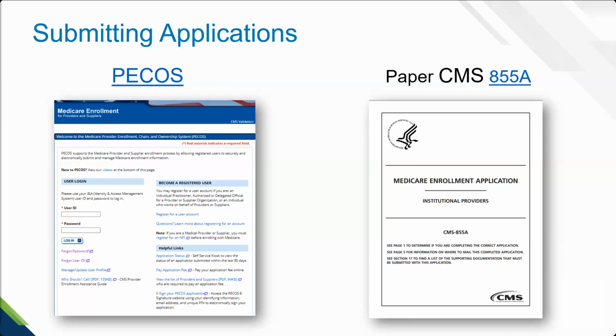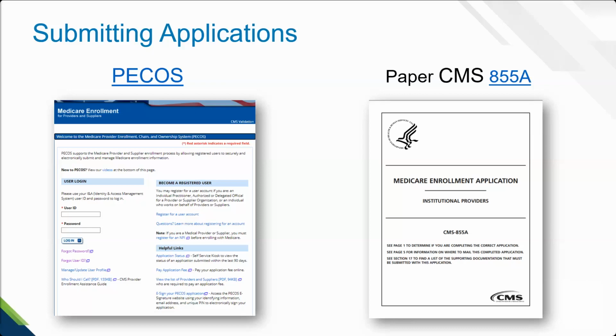So for PECOS, though, you would need to get a user ID and password and make connections with your organization. All of that is pretty simple and straightforward. We do have some YouTube videos available on our website and some encores that go through some of that. So I do recommend, if you want to submit electronically, you take a look at that.